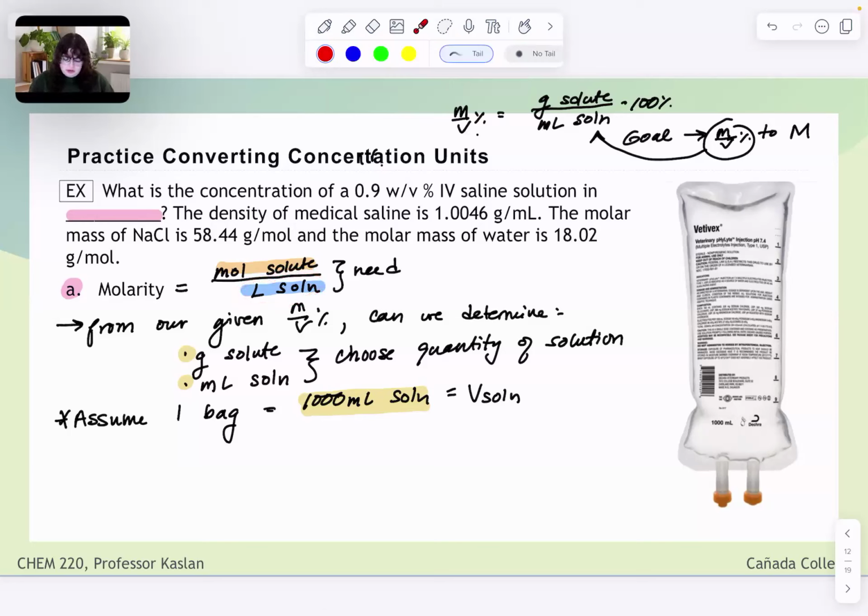The only issue is that I have my volume of solution in mL, whereas up here I need my volume of solution in liters. So I'm going to do a quick conversion. Converting milliliters to liters, if I've got 1,000 milliliters, by definition, I have 1.0 liter of solution. So awesome, I have half of my needed information to get my molarity. I now have my denominator.